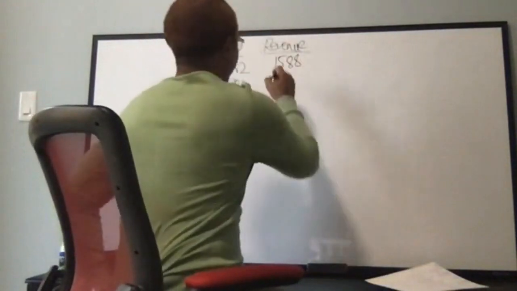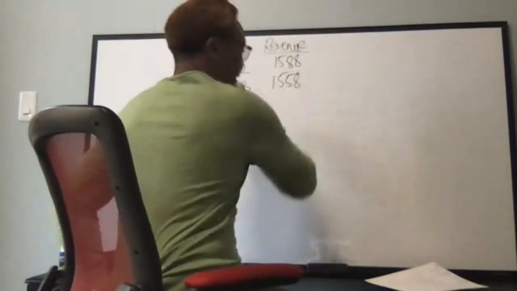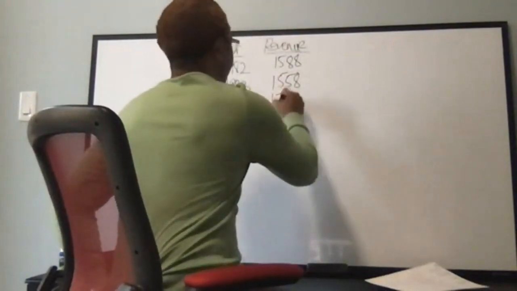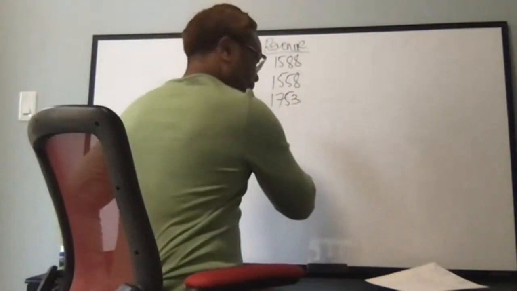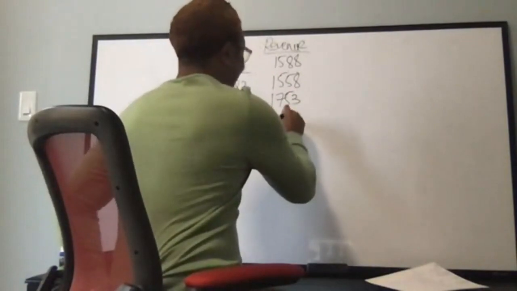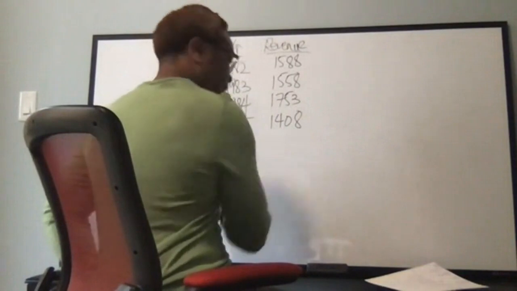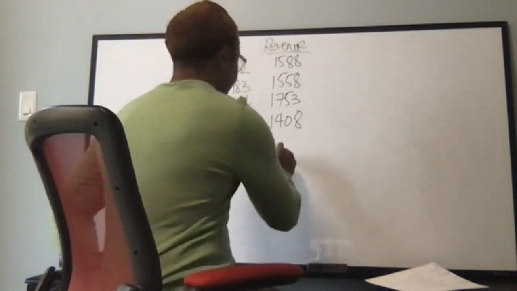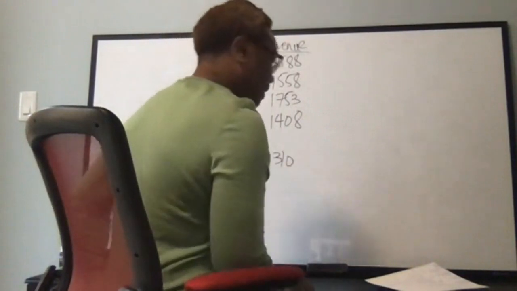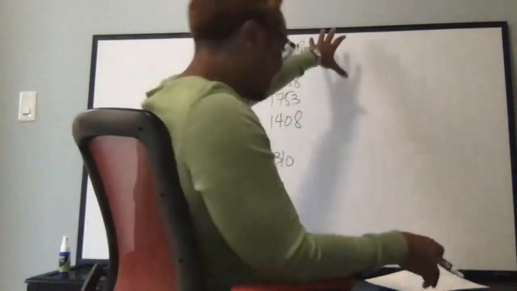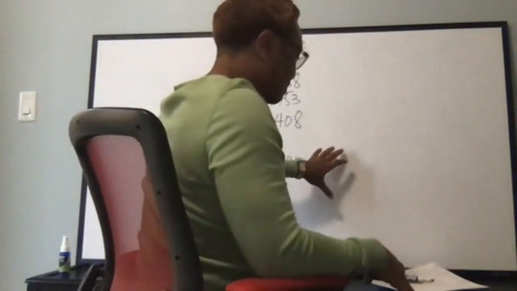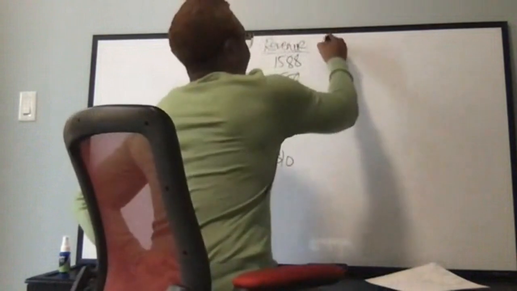This is from last week if you weren't here, just look at the handout from last week. And this was 1753, and this was 1408. And then it went all the way down to 1990, 1310. Now, we did this SMA column last time, where you had something like this.